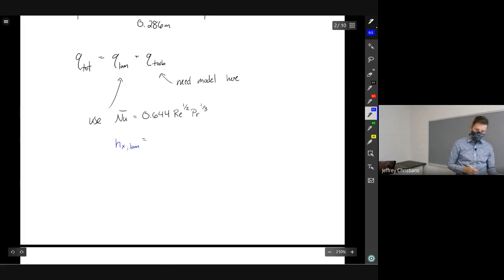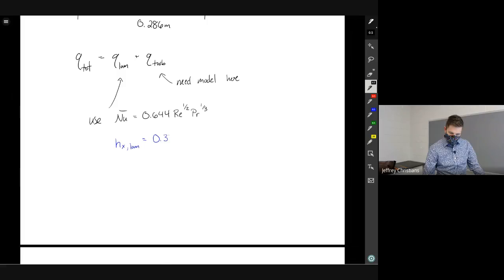So the laminar convection coefficient, the laminar is 0.3. I guess this should be, I think, not 6. Let me double check what that number is. Okay, sorry, not 644, it should be 664.